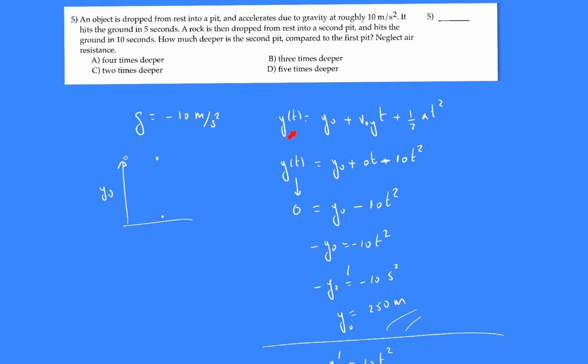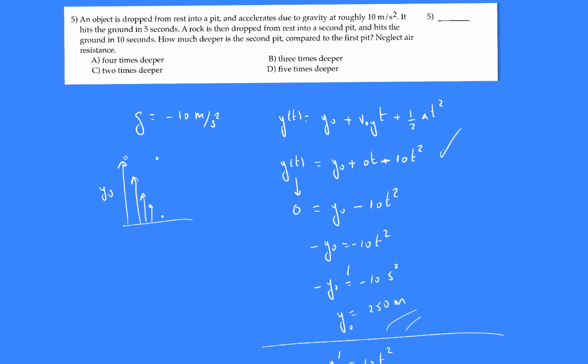So you will write the equation. This is an equation with constant acceleration. So the equation for y is y0 plus v0y t plus 1/2 a t squared. In this particular case, this is y as a function of time. So y will decrease with time, according to this equation.